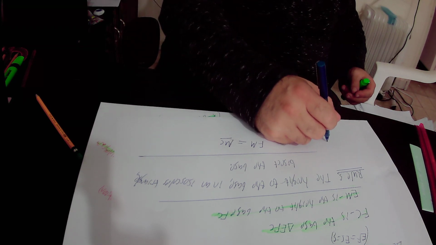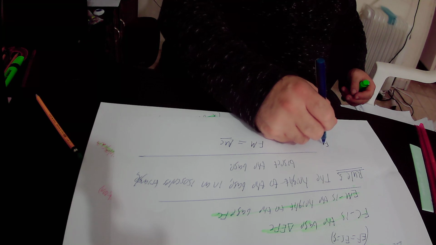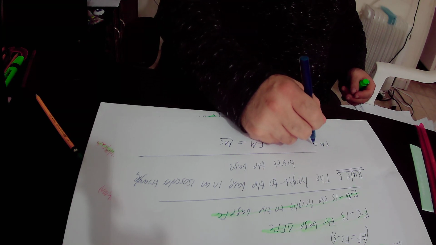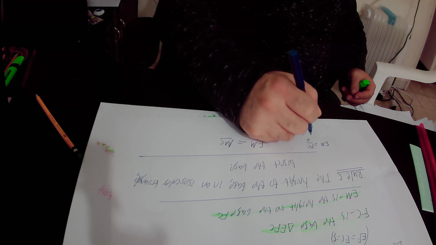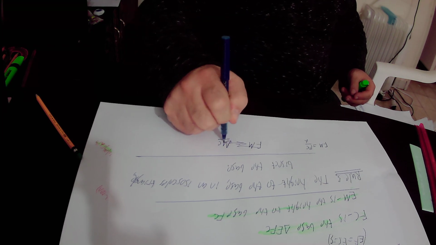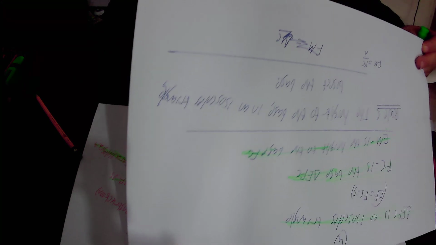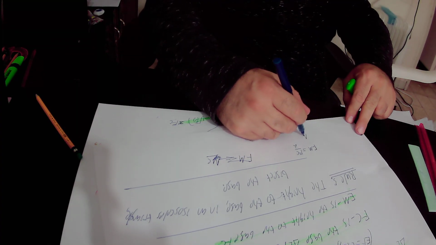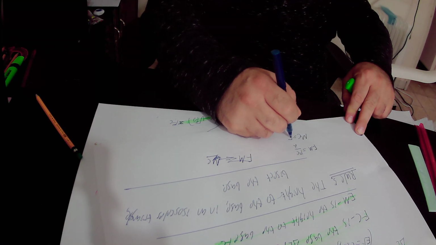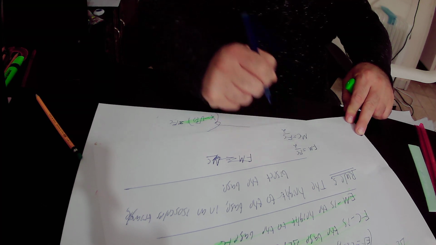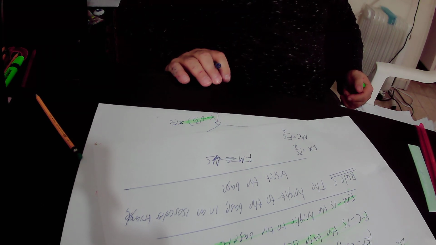I'll write it again. FM equals FC over 2, and MC is also equal to FC over 2.